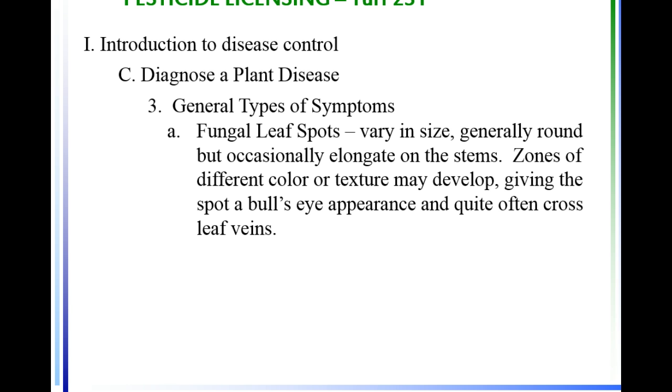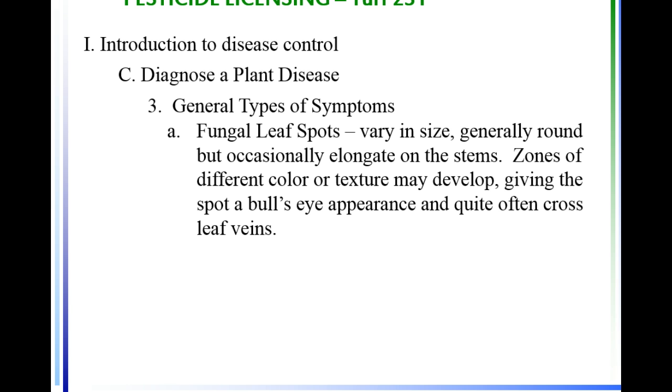Okay, so some of the general types of symptoms that we are going to see on plants would be leaf spots, and spots are going to vary in size from very tiny to large. Usually they're round. I know on some of the grasses, my leaf spots are going to be oval in shape.